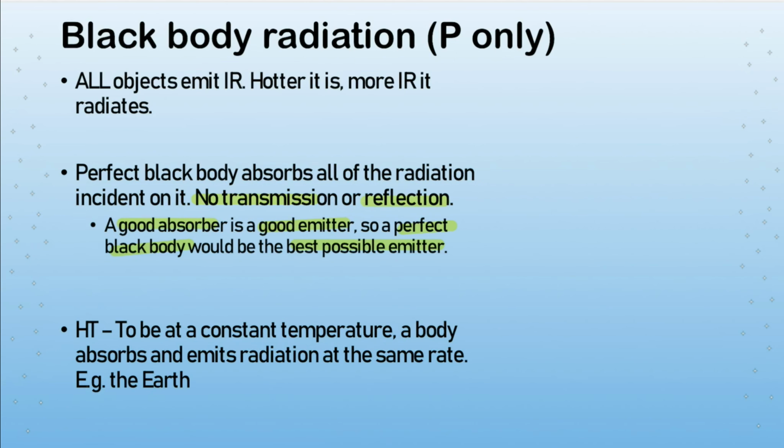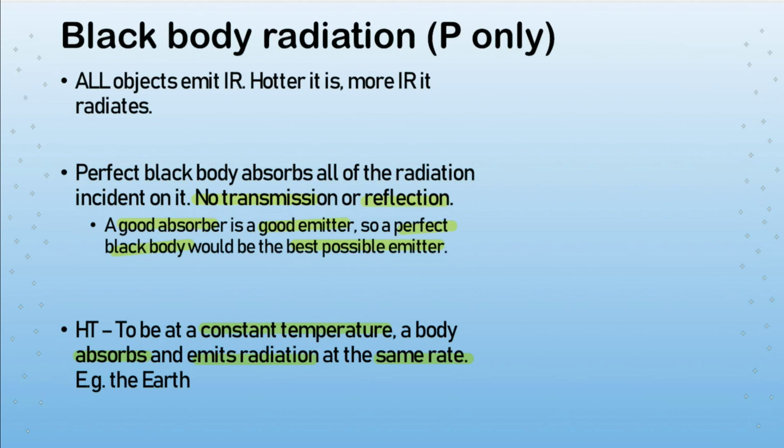Now, the examples of exam questions so far talking about this idea have talked about the Earth, and how if the Earth is at a constant temperature, this body, which can be any object, is absorbing and emitting radiation at the same rate. Now, with global warming, climate change, for it to change its temperature, it must be absorbing more radiation than it as a body is emitting.